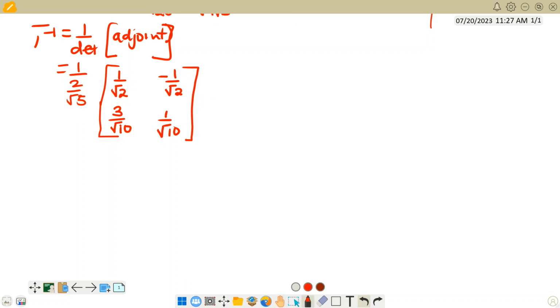Okay, cool. Let's start with the outside there, this 1 over 2 over root of 5. We know that this is 1 divided by 2 over root of 5, which will just be square root of 5 over 2. In short, we're just getting the inverse of that determinant there. So 1 over determinant is now square root of 5 divided by 2.